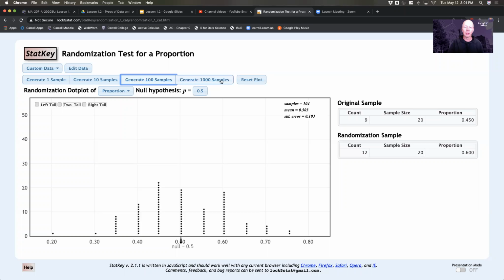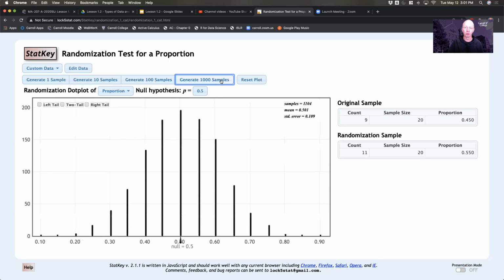Well, what if I generated 1,000 more samples? Or 1,000 more? Or 1,000 more? Now I've got 3,104 people that have all generated 20 coin flips, and they counted the number of heads that they got. So I'm looking here at a fair coin that is fixed at 50%.